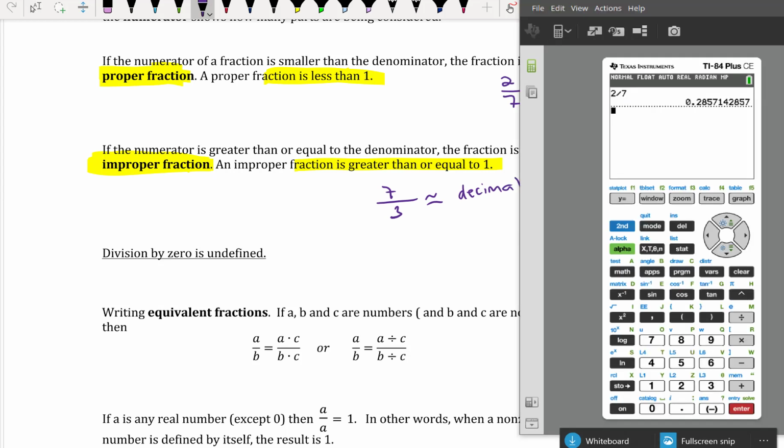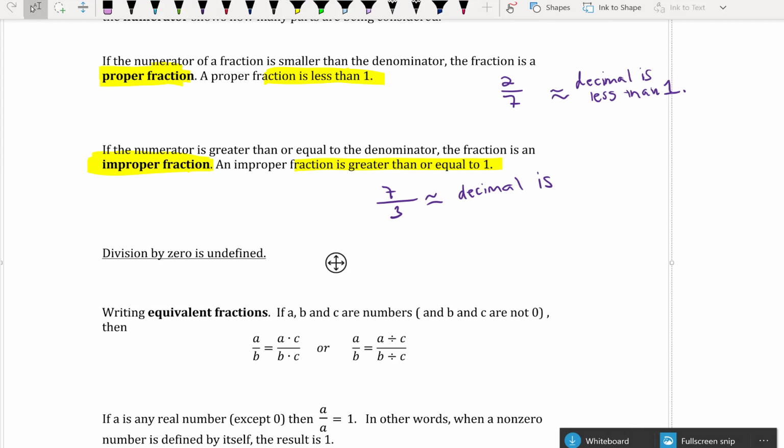Let's bring up our calculator. 7 divided by 3, so 7 is our numerator, 3 is our denominator, and we want to know whether the decimal is greater than or equal to 1. If it's improper, this decimal has to be greater than or equal to 1. Well, we see that it's 2.333, so therefore we know that that's bigger than 1.